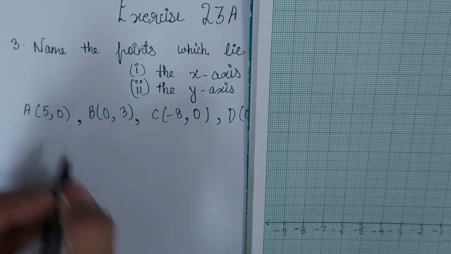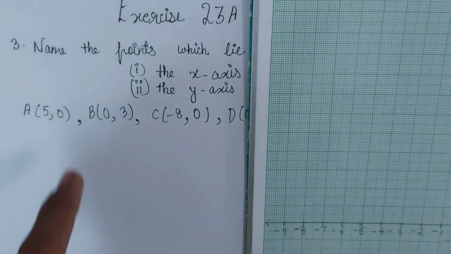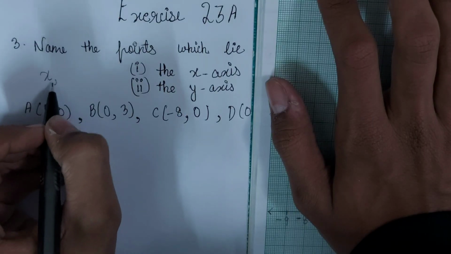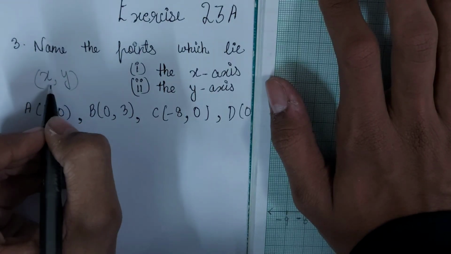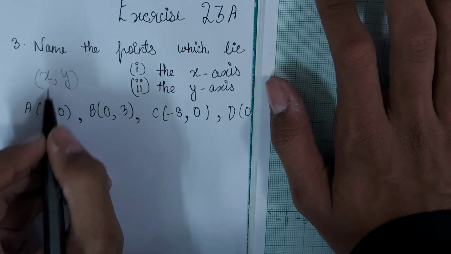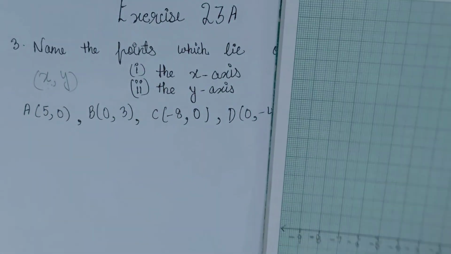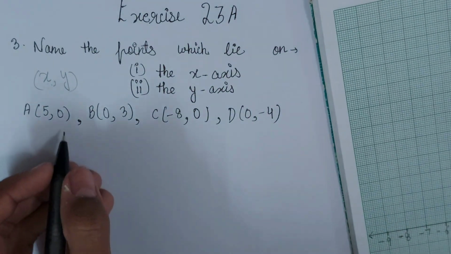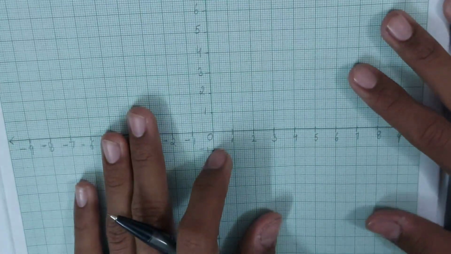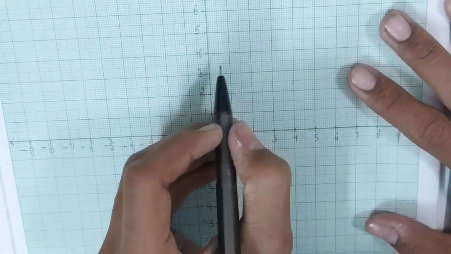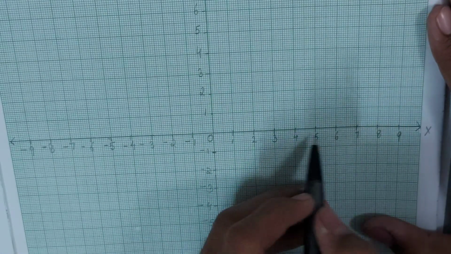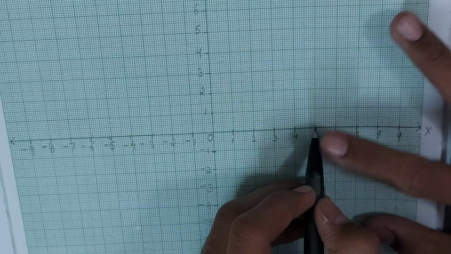Look, first point is A, that is 5, 0, and as I told you already, whatever points you will see, they will always be in the order of x, y. So first number will represent point on the x-axis, and then y, you can see y is 0. Look on the graph, we have to plot A, which is having x coordinate 5 and y is 0. On the x-axis here is 5, where is 0 on the y-axis?